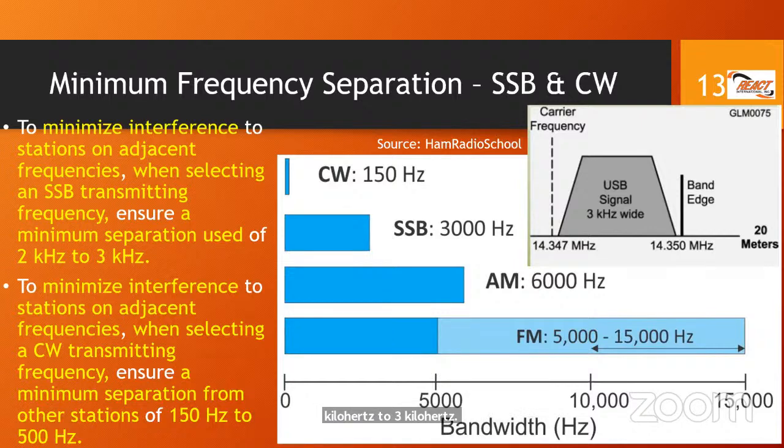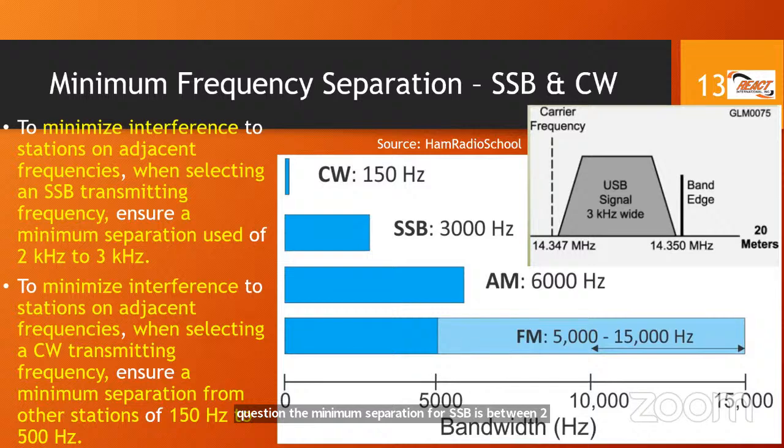We can go a little more, but we should not be any less, because if we select less of a separation, we are too close to the other signal, we may overlap, and we may cause interference to that other operator, right? So just bear that in mind. For single sideband, it's an exam question. The minimum separation for SSB is between 2 kilohertz to 3 kilohertz.